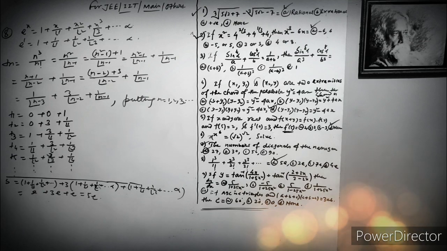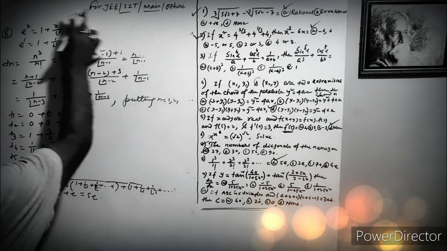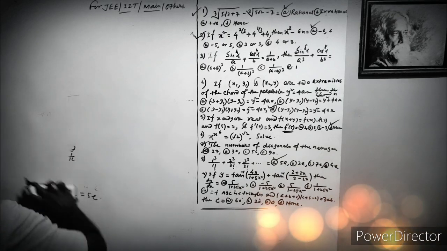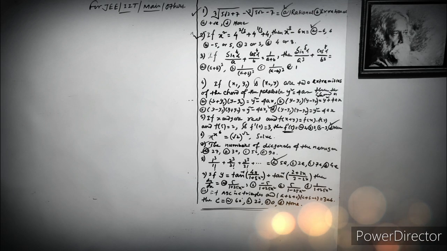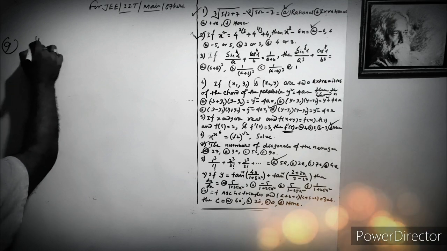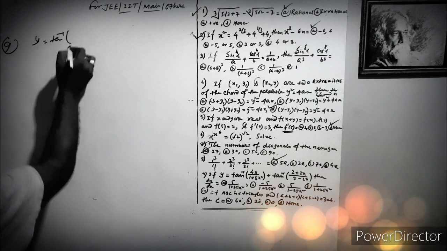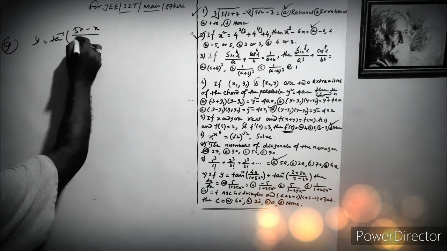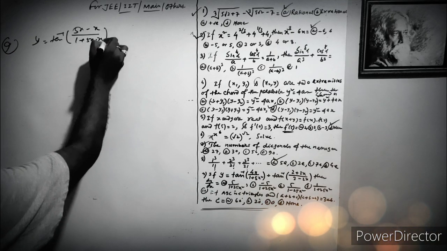I need to solve this question within 10 seconds. This is number 9. Now see, y is equal to tan inverse 4x by 1 plus 5x. So we can write it as 5x minus x by 1 plus 5x into x.